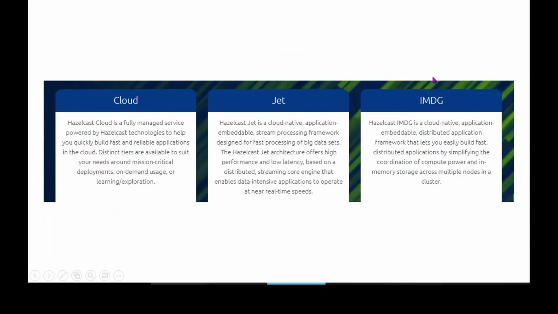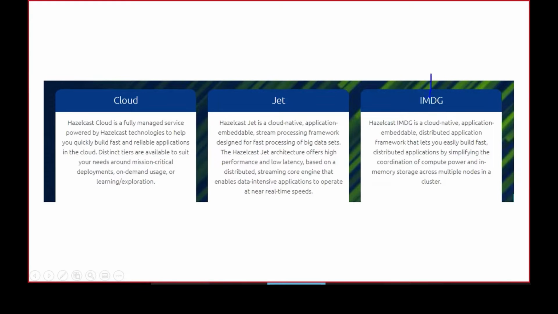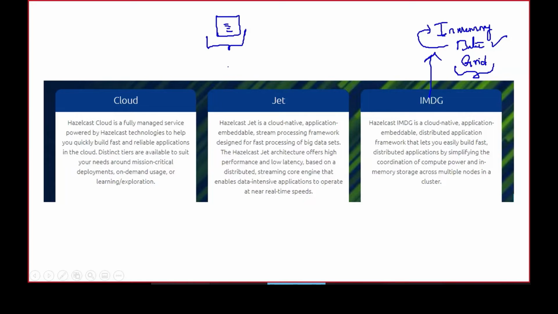That's why we call the product as Hazelcast in memory. What exactly is it? Data grid. So data, where it is going to be in memory, and why I'm using the word grid is it's not a single server which is going to be running and storing the data in the memory.